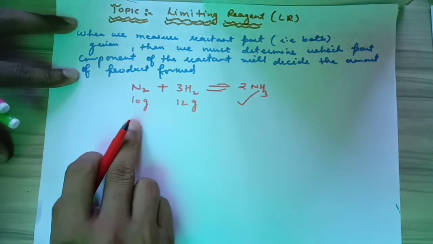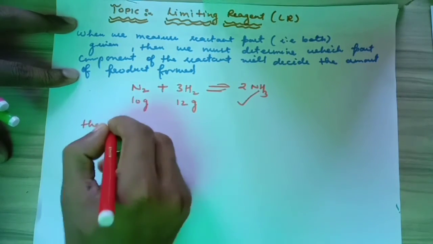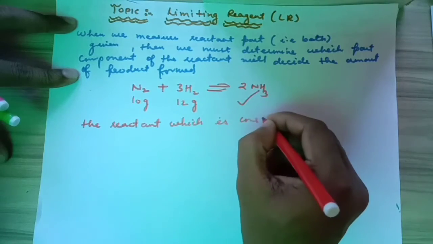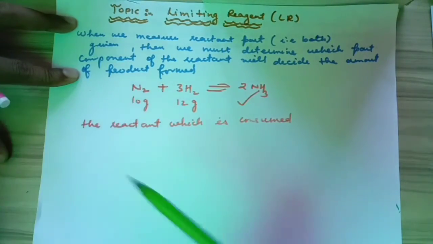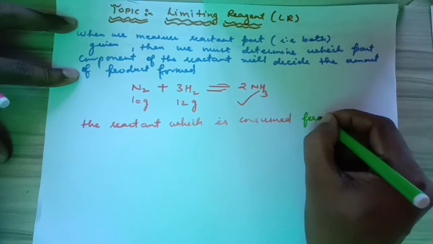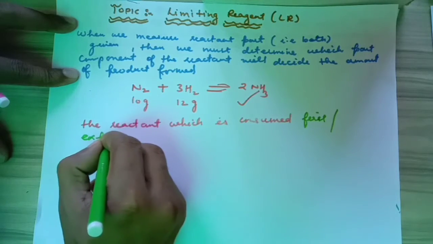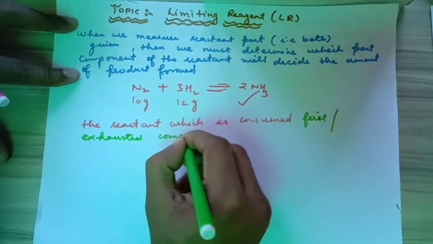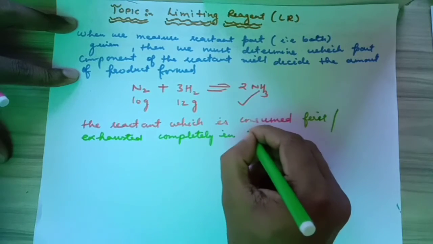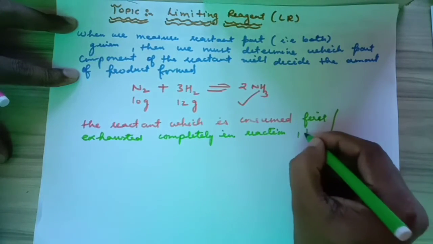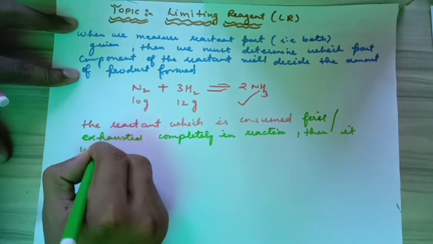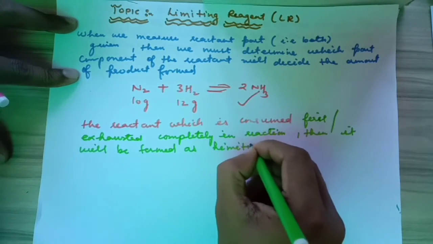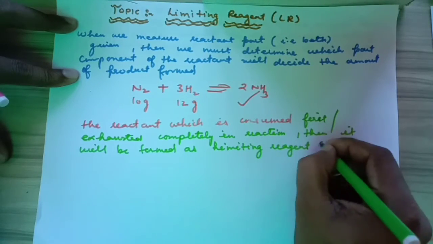Hence, in this case, we say that the reactant which is consumed first or exhausted completely in the reaction, it will be termed as limiting reagent, that is LR.